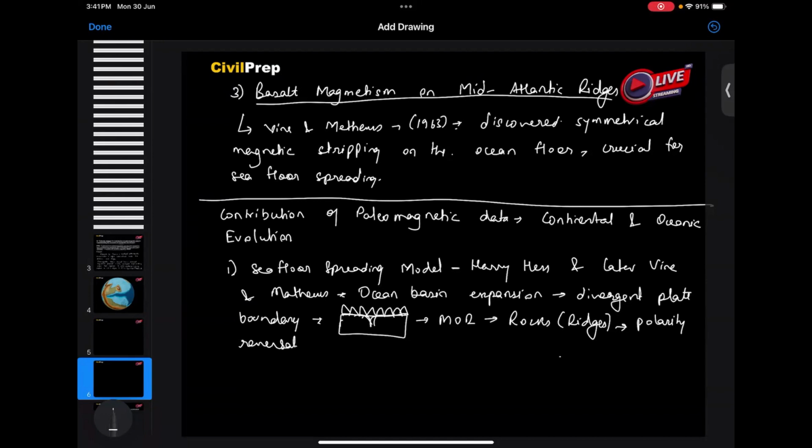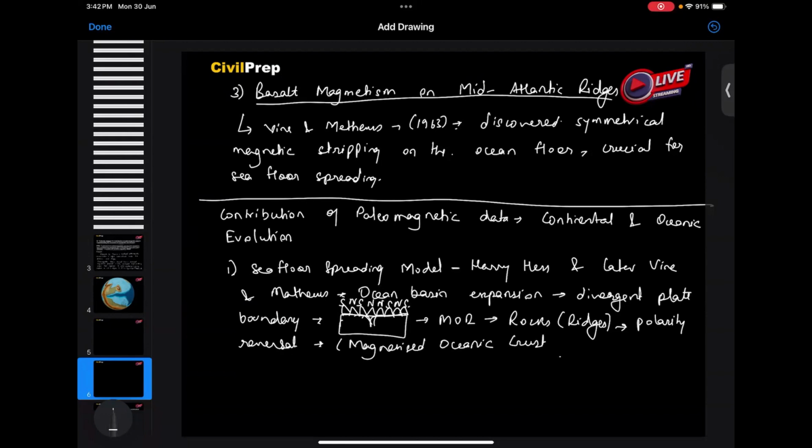That is, if this is north, south, north, south. So this was something which was validated here. So here we can see this is found in the magnetized oceanic crust.